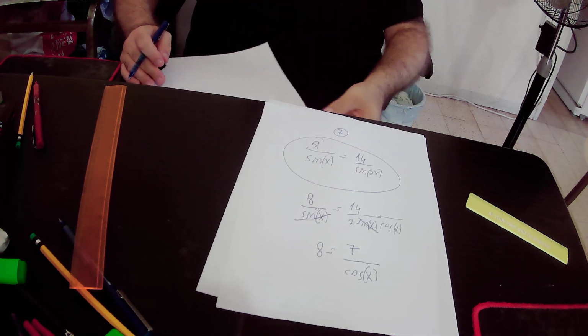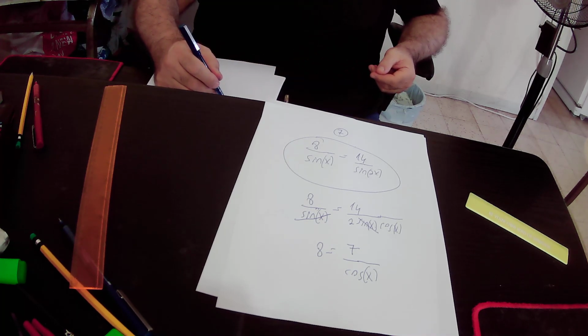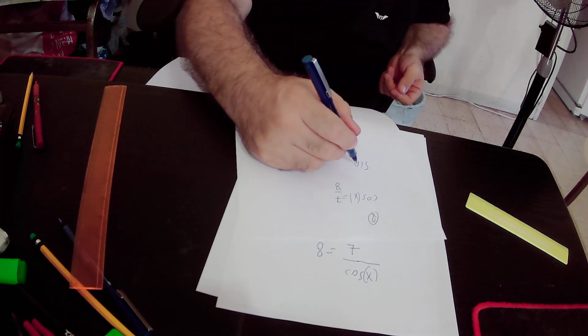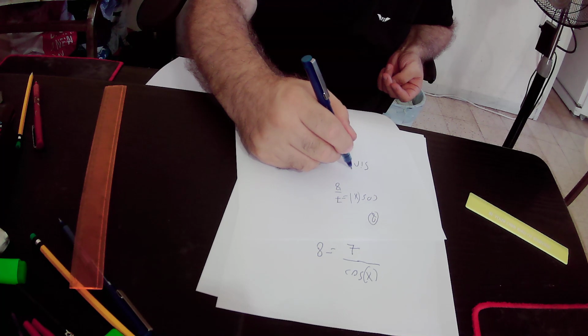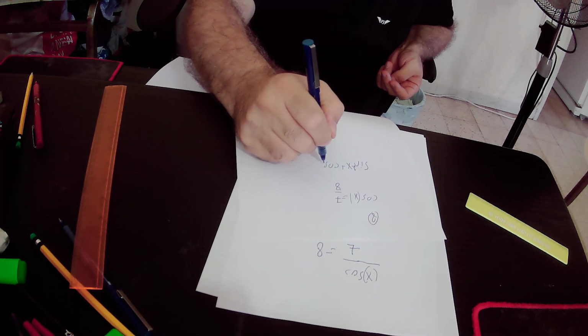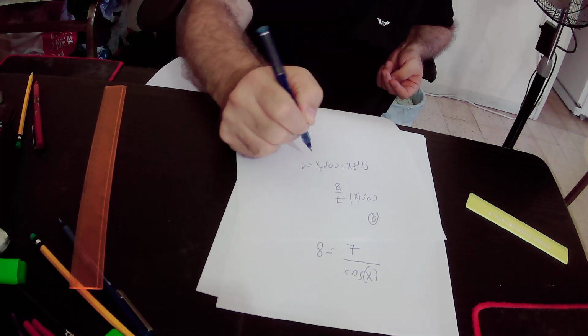and we have the trigonometric identity that states that sine x squared plus cosine x squared equals 1.